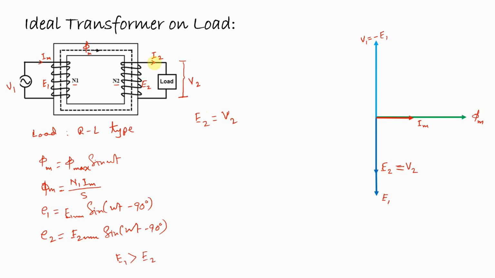The current I2 for a resistive inductive load will lag the voltage. This is the current I2 which is lagging the voltage by some angle, let's say phi, the phase angle of the load. Cosine of this phase angle will give us the power factor, where phi is the phase angle of the load.